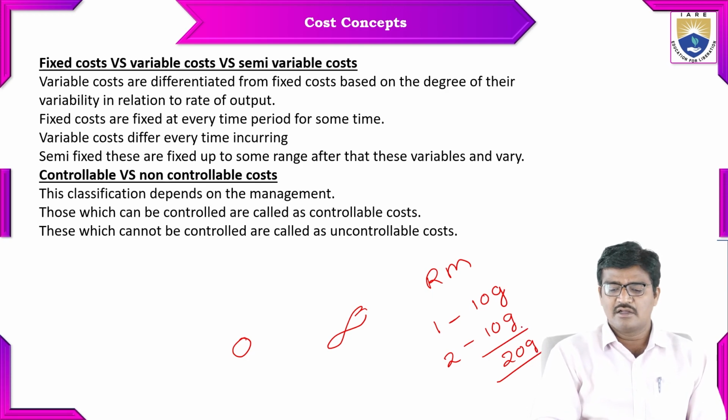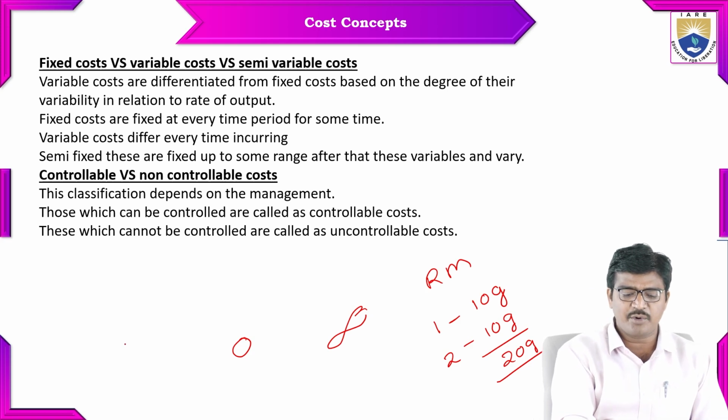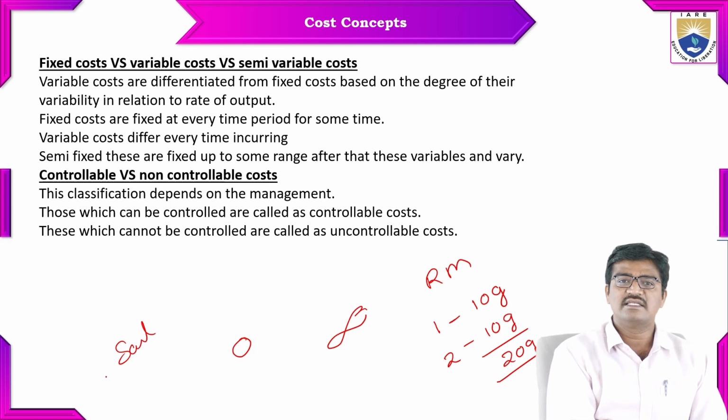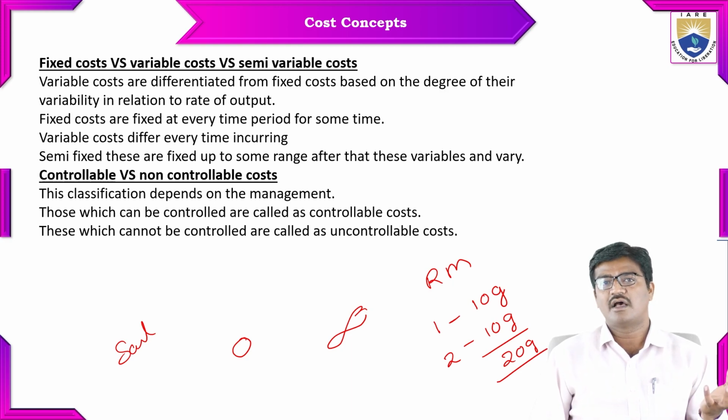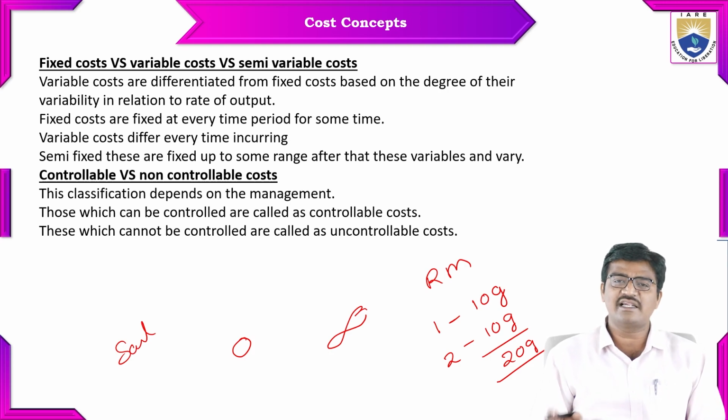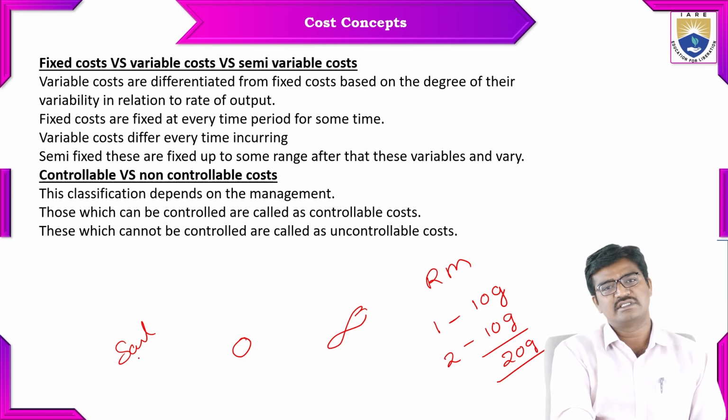Unlike raw material, some of the costs remain fixed. For example, employees' salaries in the administration department or production department, the production manager, office staff, all these people get the salaries irrespective of the production. Whether they manufacture 0 units or infinite units, they get the same amount of salary.